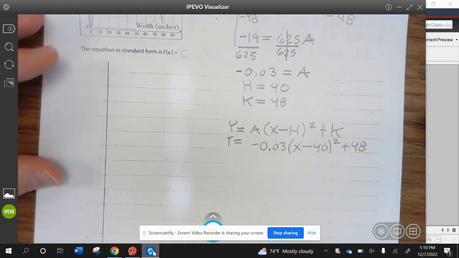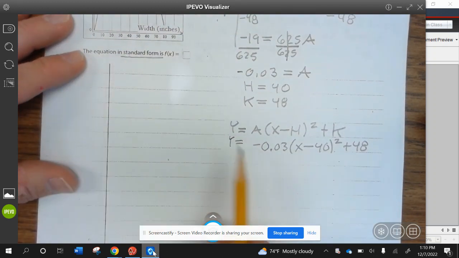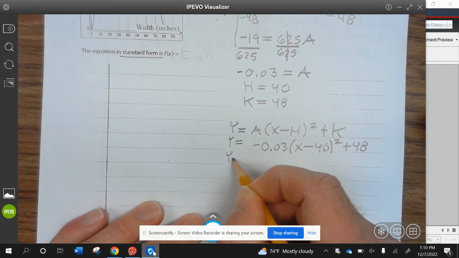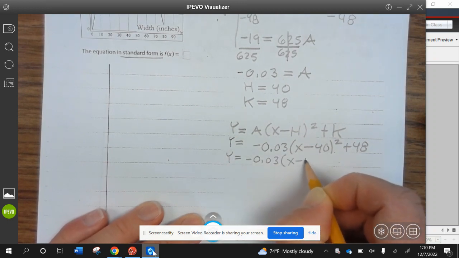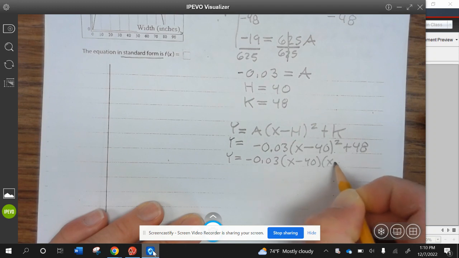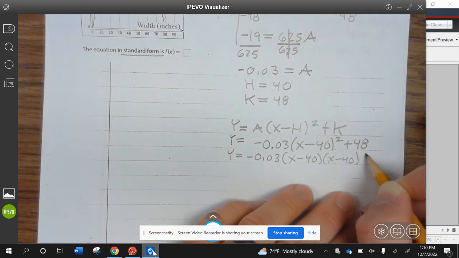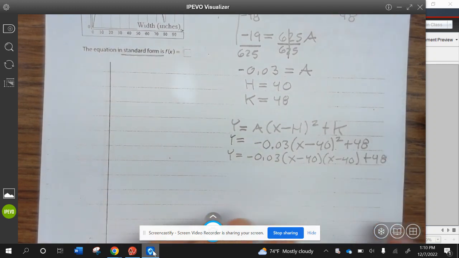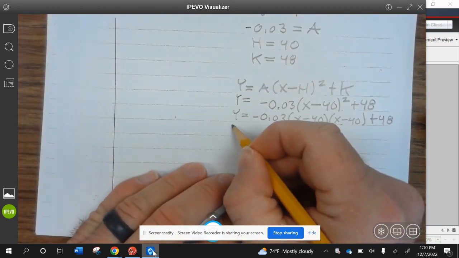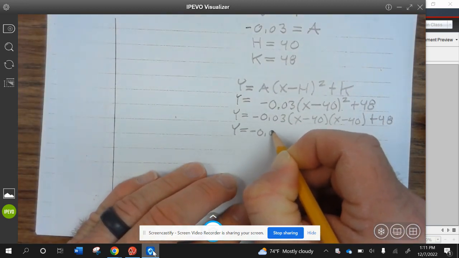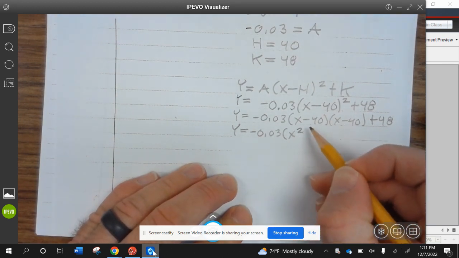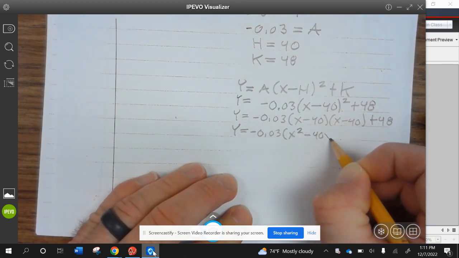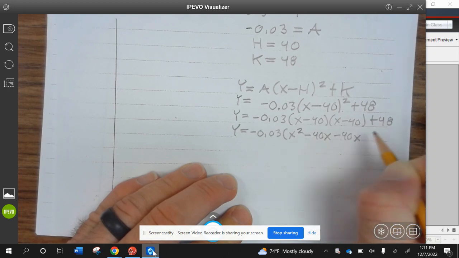Now, they don't want vertex form, they want standard form. So we need to expand that out. So that's y equals negative 0.03 times x minus 40 squared plus 48. So then that's y equals negative 0.03 times x squared minus 40x minus 40x.